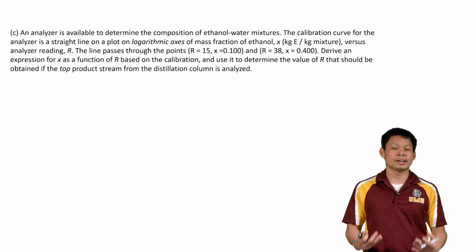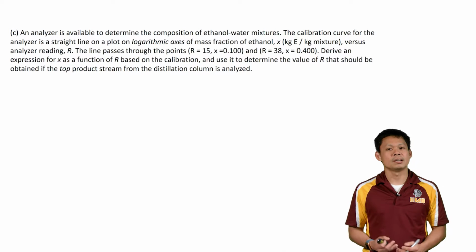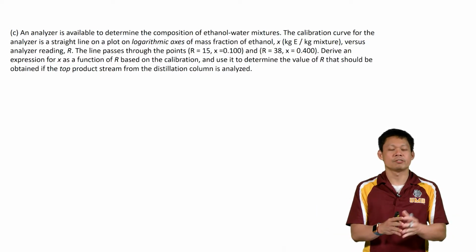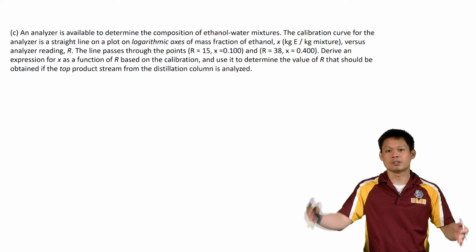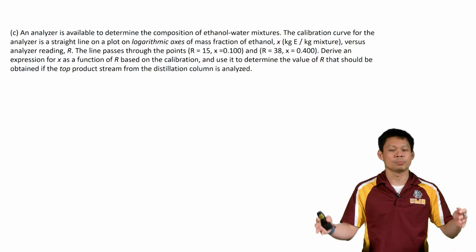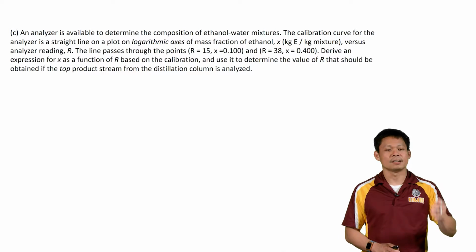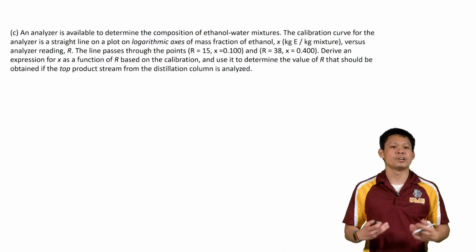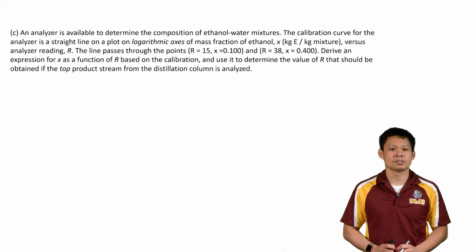You will actually generate a calibration curve. So what is being done is you will have different compositions ranging from 0% ethanol to 100% ethanol, pure water and pure ethanol, and you will get analyzer readings for a bunch of different mixtures in between and generate a calibration curve using this analyzer.